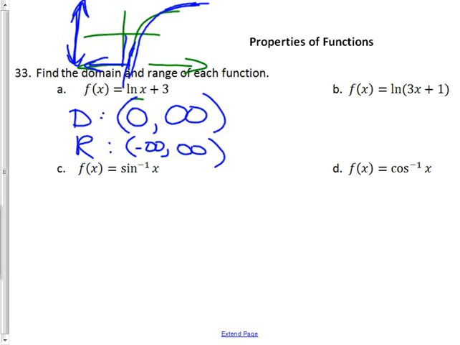All right. How about inverse sine? That one might not be so easy. If I want to know the domain and range of inverse sine, what would it be smart to figure out first? The domain and range of sine. All right, so here's sine. And remember that when we're doing these, we don't graph all of sine.